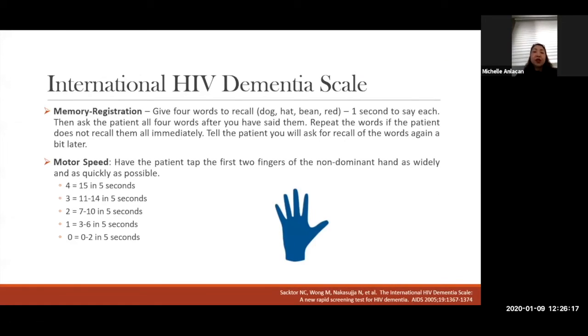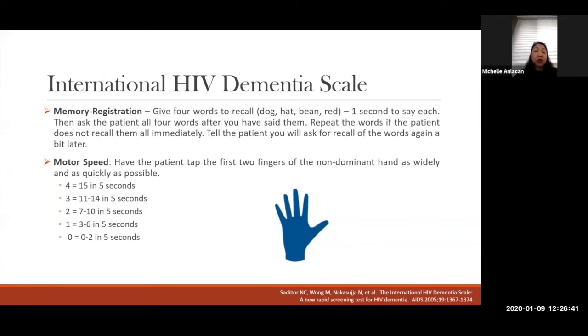Right, okay. So the International HIV Dementia Scale is very easy. You just tell the patient, we will test your memory. Now I will give you 4 words to recall. Take 1 second to say each. So you say dog, hat, bean, red. Then you ask the patient to repeat all the 4 words.